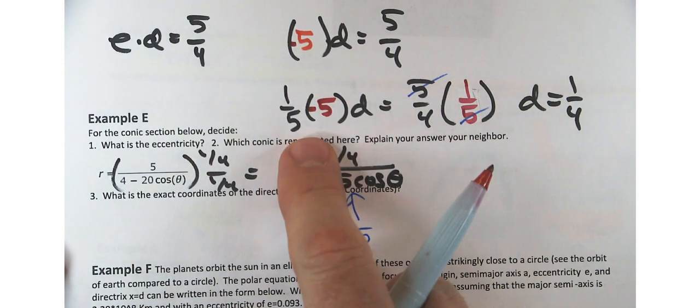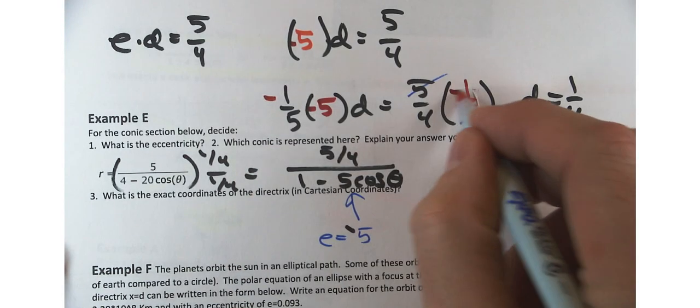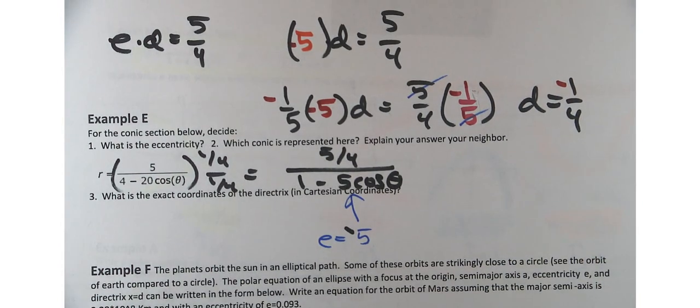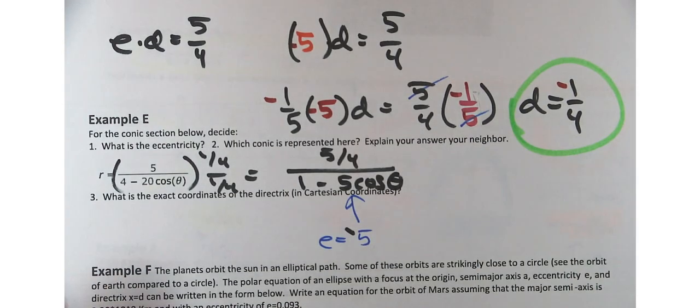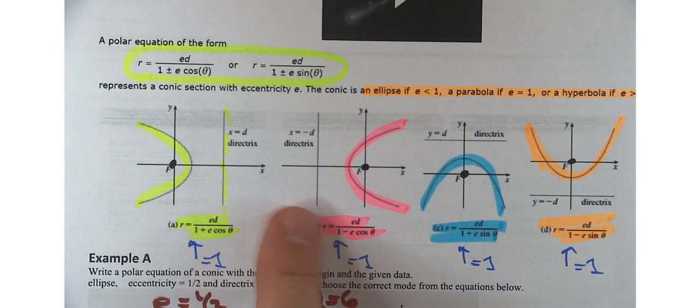And when I multiply both sides by negative 1/5, I'll end up with D equals negative 1/4. So that's going to be the equation of our directrix. So D equals negative 1/4.